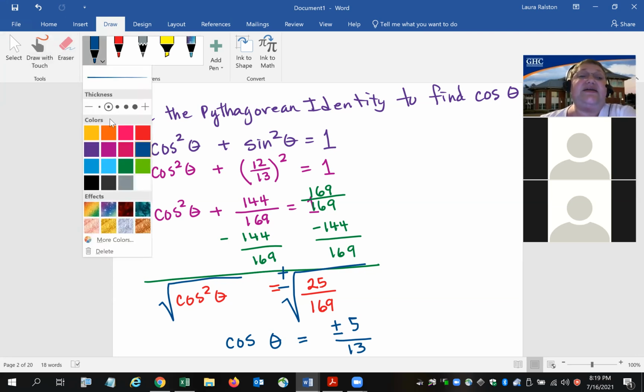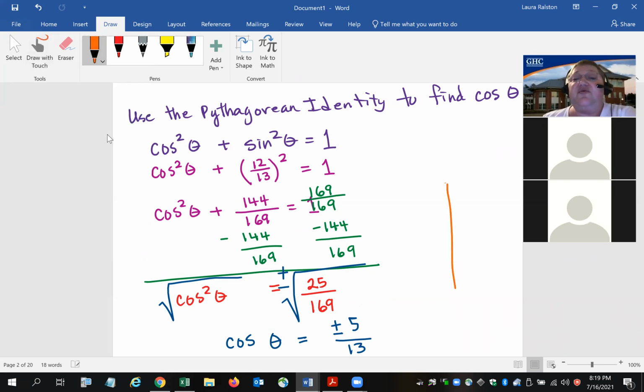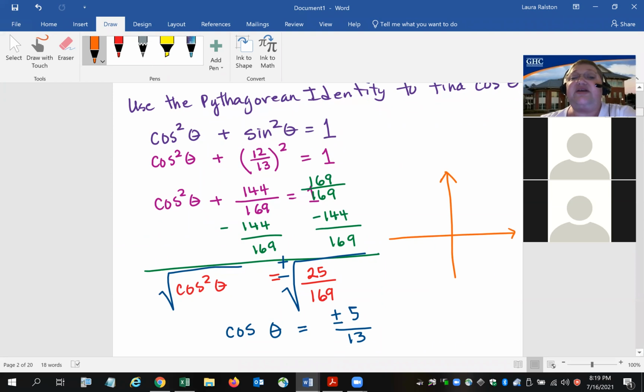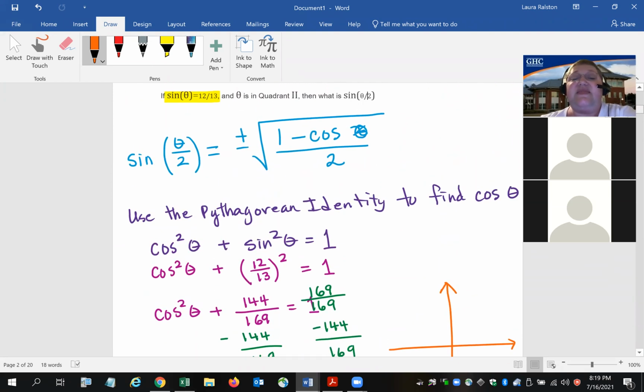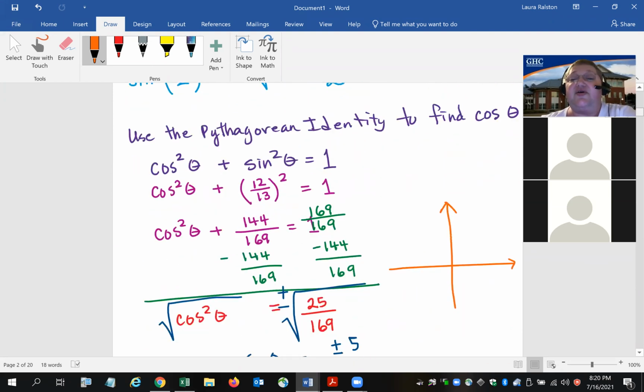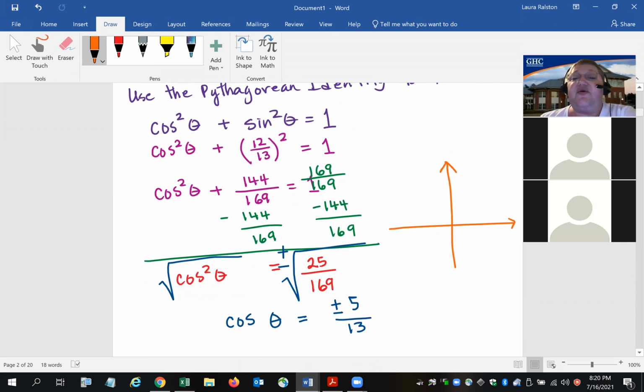To decide whether it is positive or negative, you have to go back to the original question. The original question told us that theta, the angle, is in quadrant 2. So if I sketch this angle, I'm somewhere in quadrant 2.